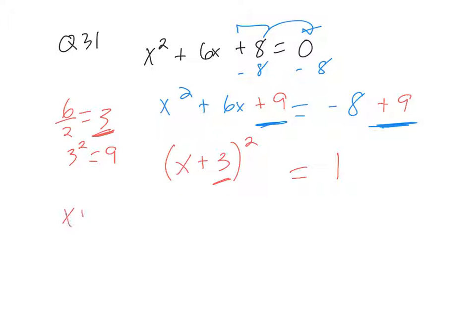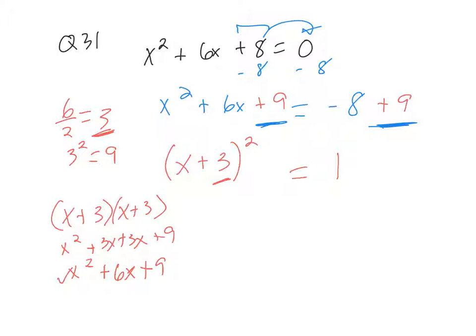I can show you that if I did x plus 3 times x plus 3, if I FOILed that, I'd get x squared plus 3x plus 3x plus 9, or x squared plus 6x plus 9. So you see, this is what I wrote up here. That's what we want to happen, because we want to be able to write our perfect square like this.